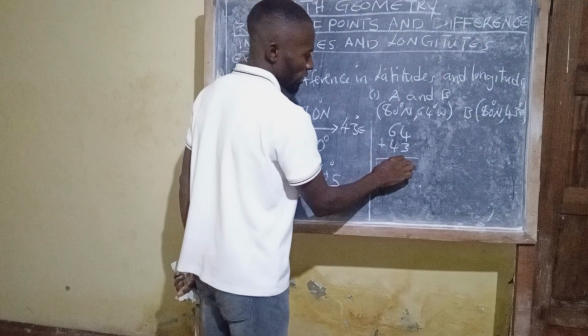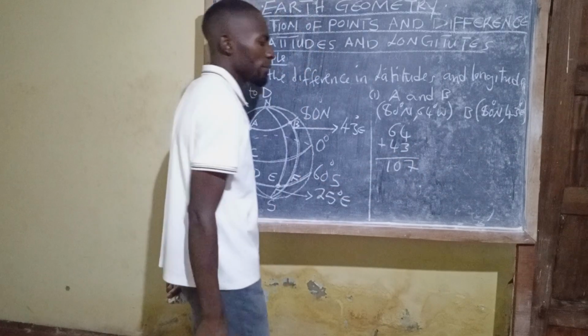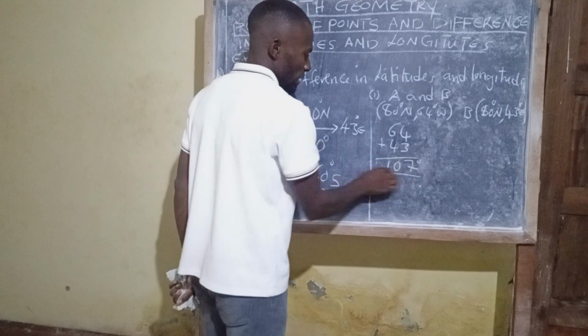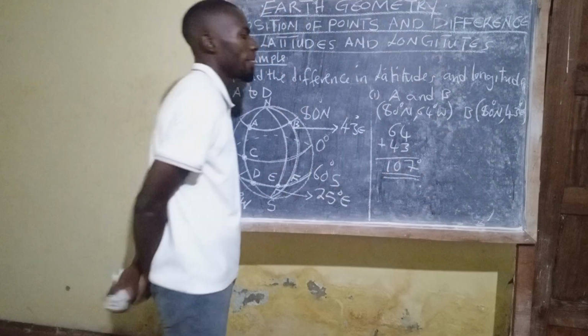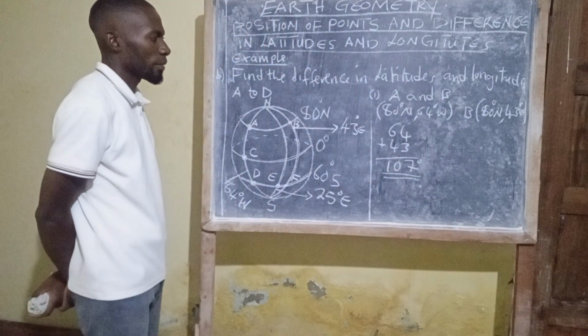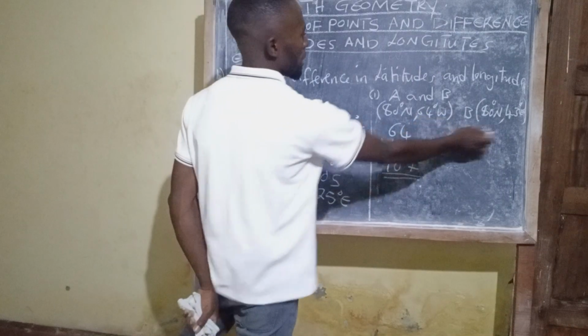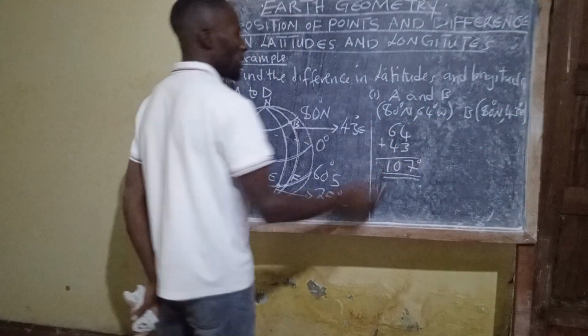And this is going to give us what? 107 degrees as our answer. So when they're in different positions, one in west and the other in east, you add.